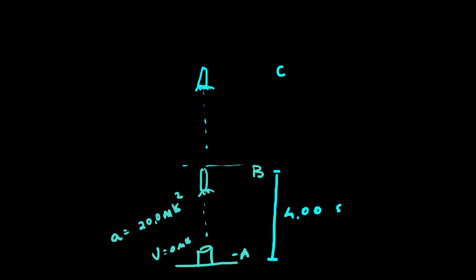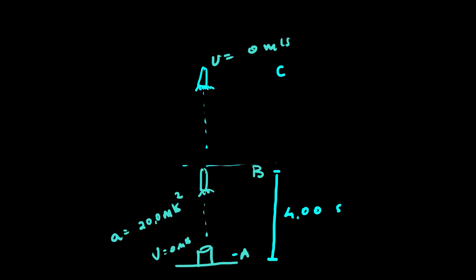But we do know that we have that gravitational acceleration. By the way, for the rocket to reach the maximum height, that is where its velocity will be 0 meters per second. At maximum height, the velocity is 0 meters per second.